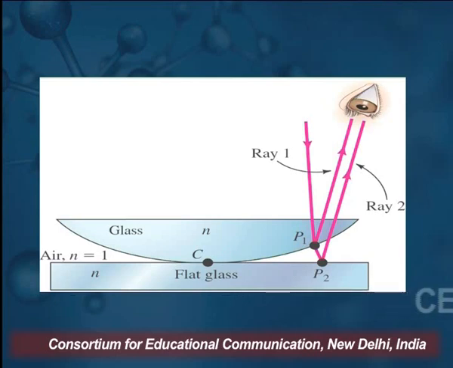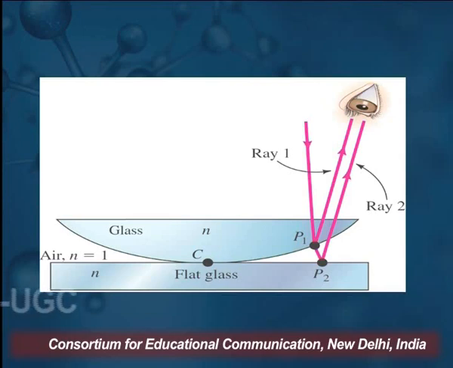These two rays are coherent and in phase, and they produce the interference pattern. Again we see that the ray falls upon the plano-convex lens. At point P it is reflected towards the eyepiece, and the other part is reflected from the upper part of the glass plate at point P2, and ray 2 is formed. So ray 1 and ray 2 produce the interference pattern in the form of concentric circles.